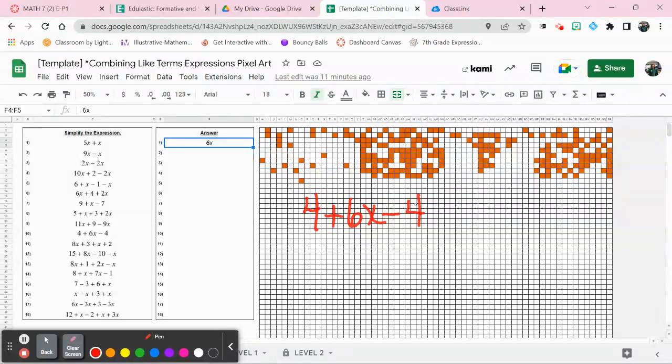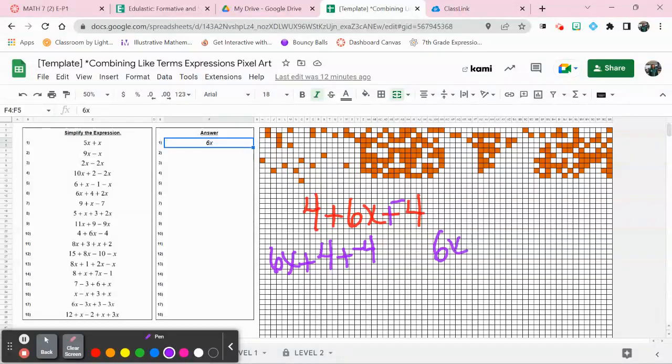So first thing I'm going to do, go through. I don't have any letters by themselves, but I do have a minus, so I'm going to change, and add the opposite sign. Now I can rewrite that. I put my x's first, so 6x plus 4 plus negative 4. I can't do anything with the 6x.